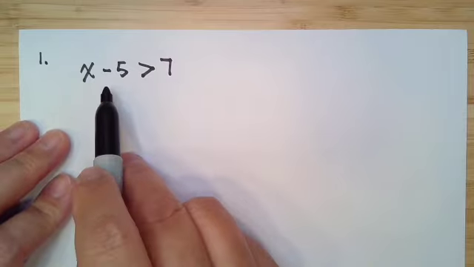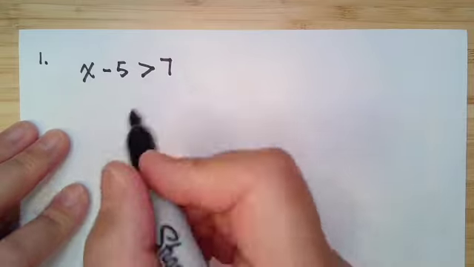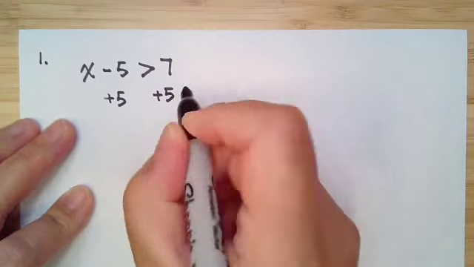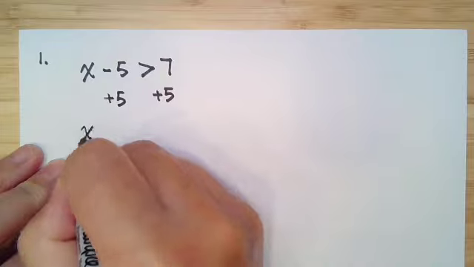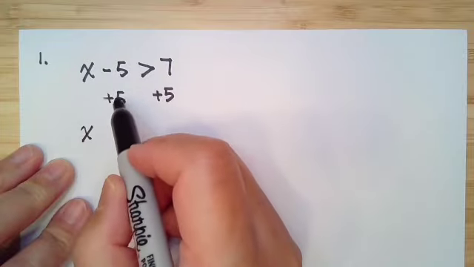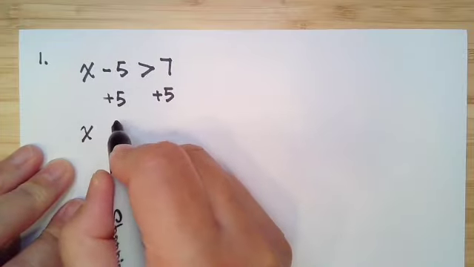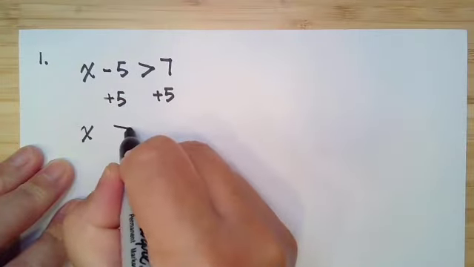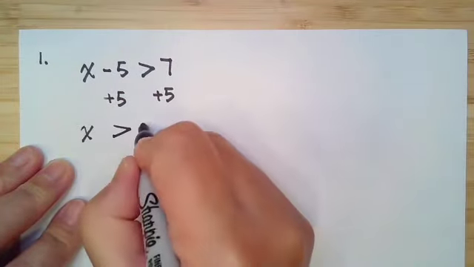We just add 5 on both sides. So in this situation, we do the same thing. We add 5. Therefore, we have x, because the negative 5 canceled out, and we just add or subtract. You don't change the direction, so it's still greater than, and the right side is 12.